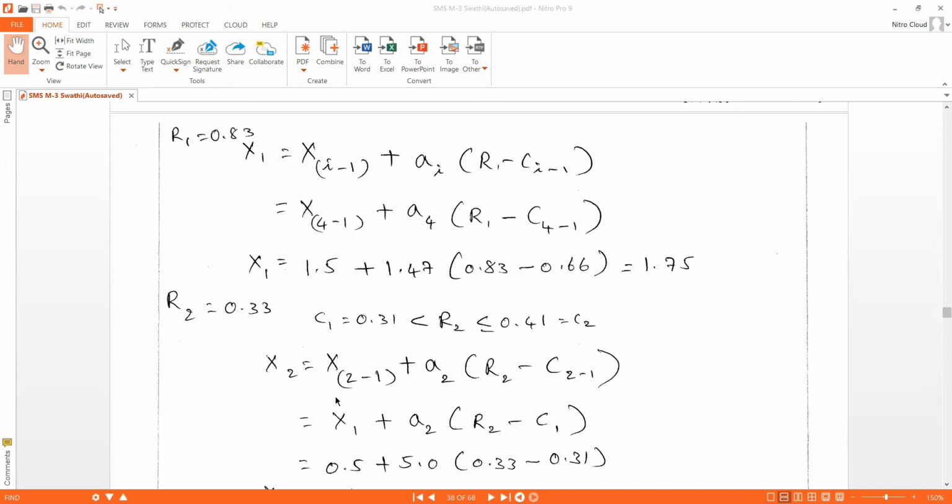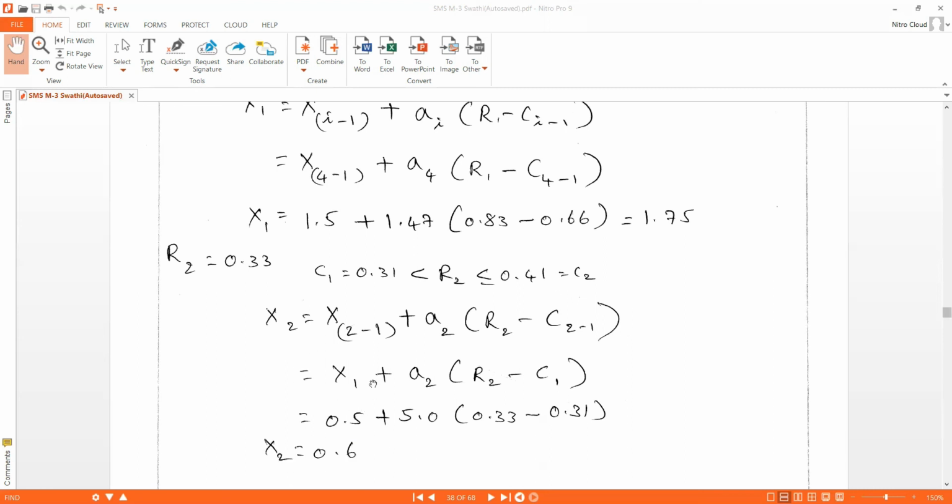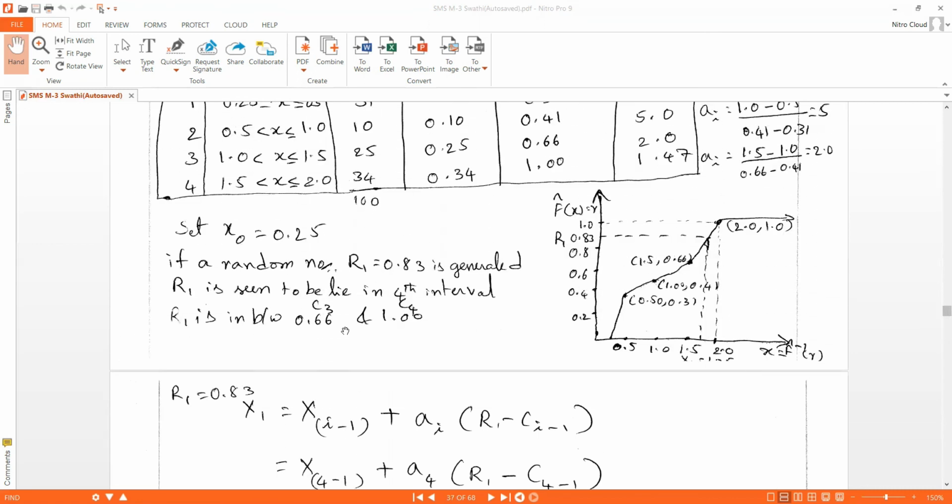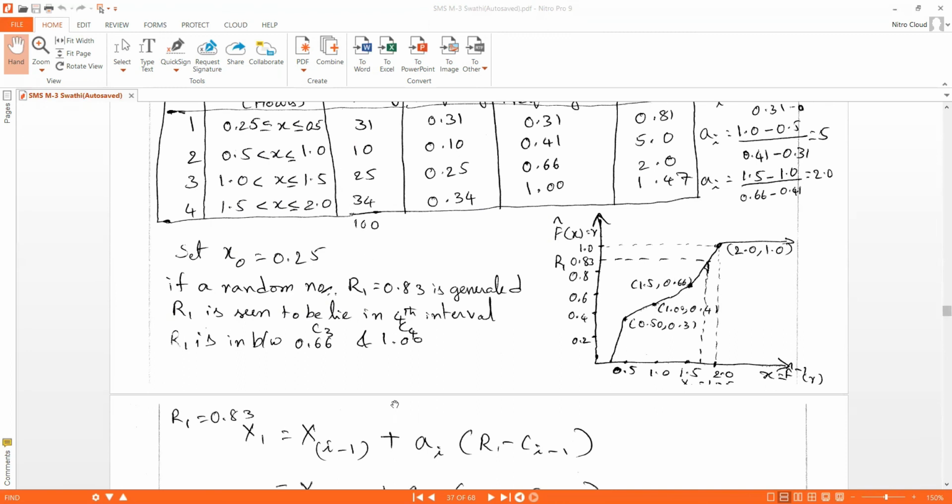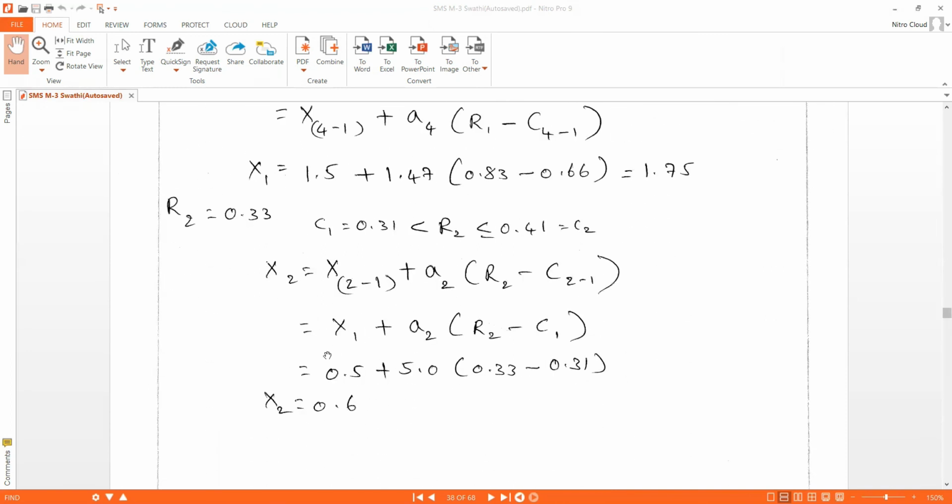We'll substitute 2 in place of I. That is x(2 minus 1), which is x1, plus a2 into R2 minus c(2 minus 1), which is c1. We'll substitute the x1 value. x1 is given in the problem as 0.5.